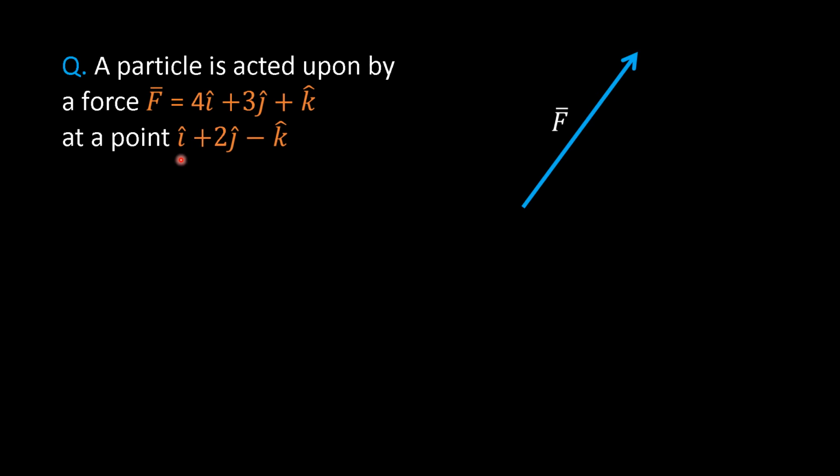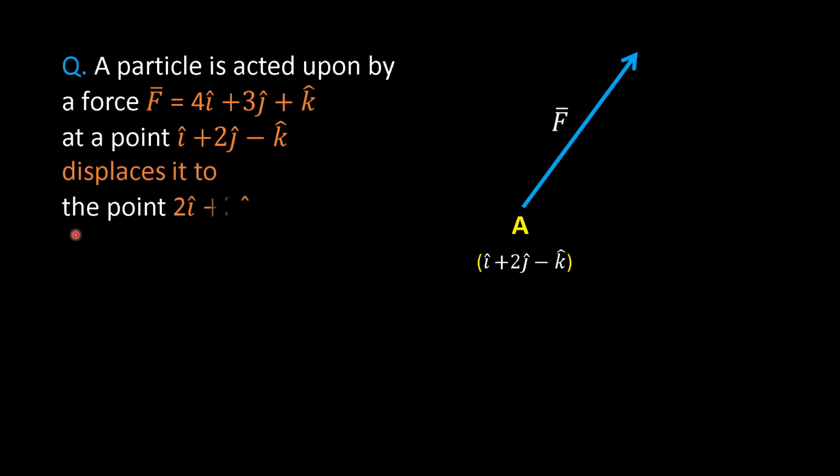A particle is acted upon by a force F bar equals 4I cap plus 3J cap plus K cap, which is this force, at a point I plus 2J minus K, this point, and displaces it to the point 2I plus 3J plus K, B point.